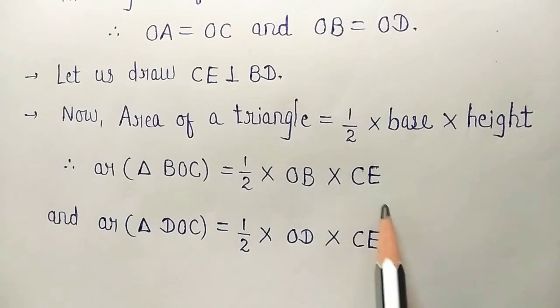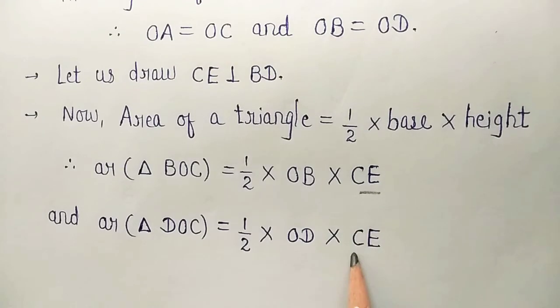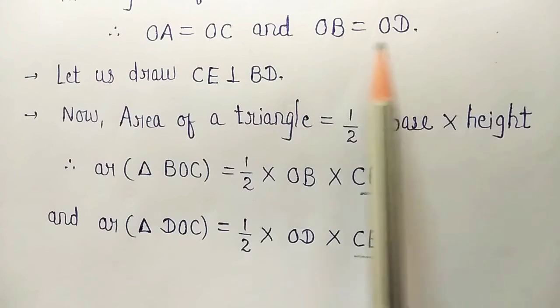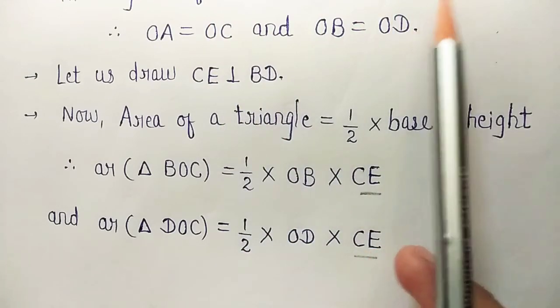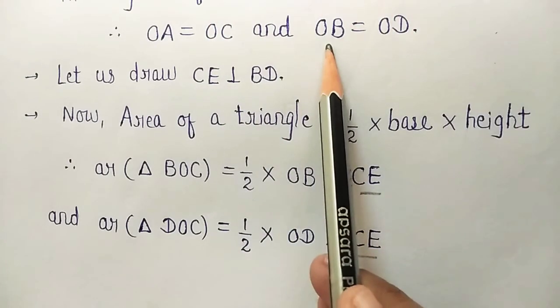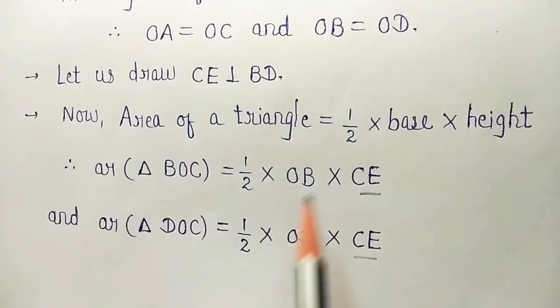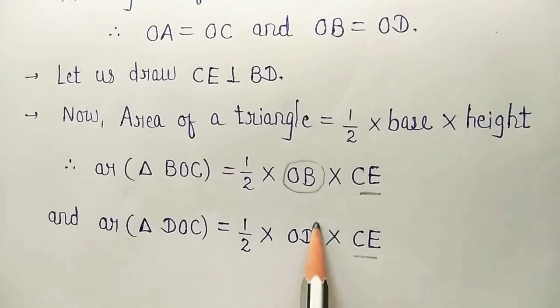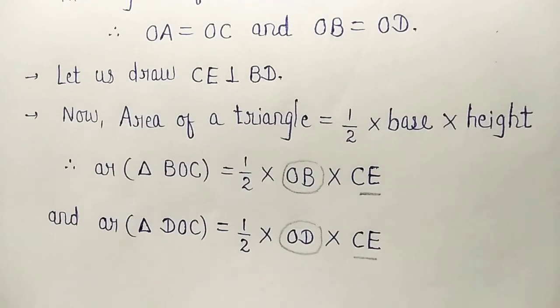Now let us compare both the areas which we have written. You see, the height CE is the same in both the equations, right? Above, we have proved that the diagonals of a parallelogram bisect each other. So OB is equal to OD. Here in both the equations, we have OB and OD, and these two are equal. Half is also equal. So what can we write from these two equations?